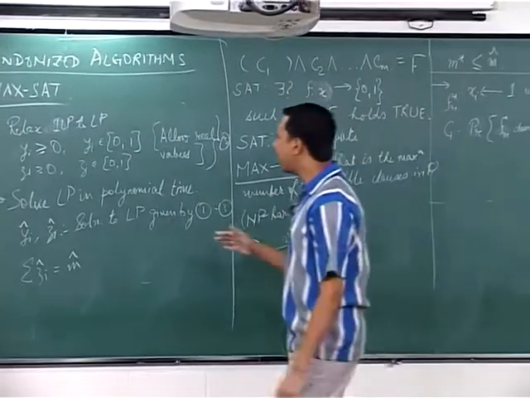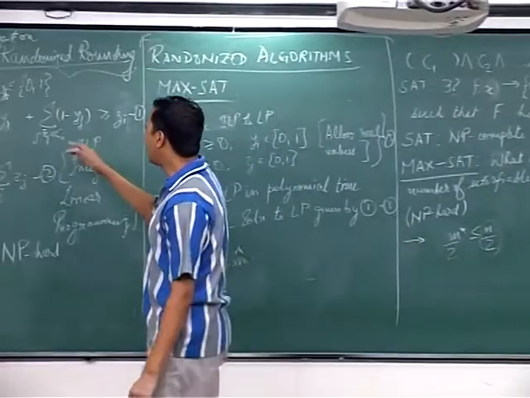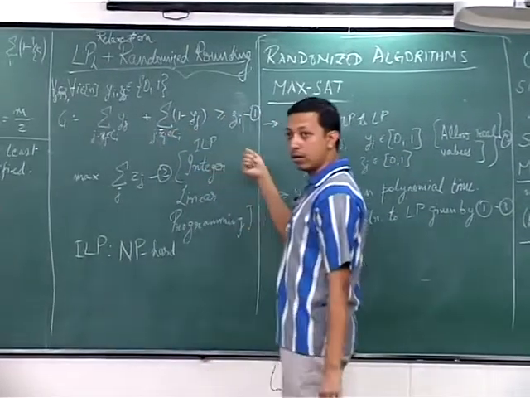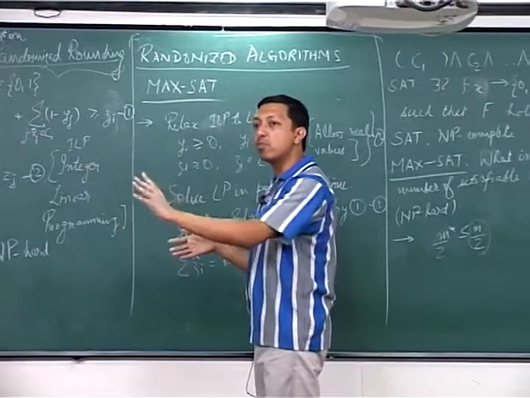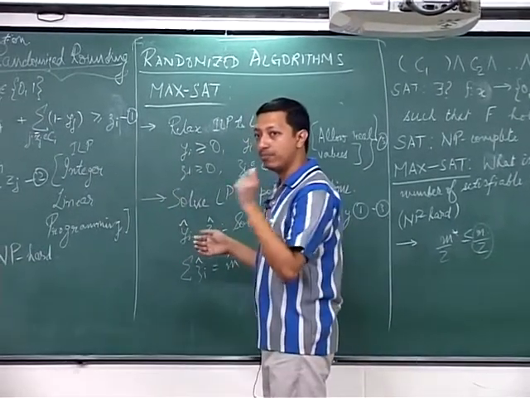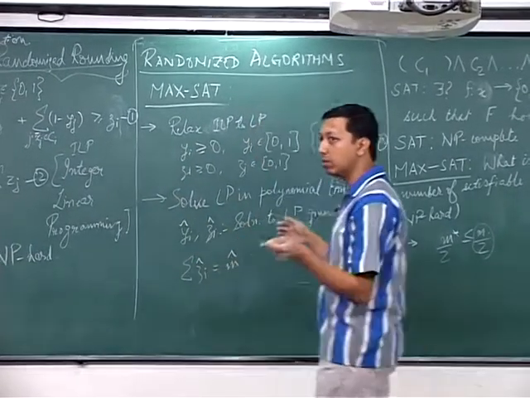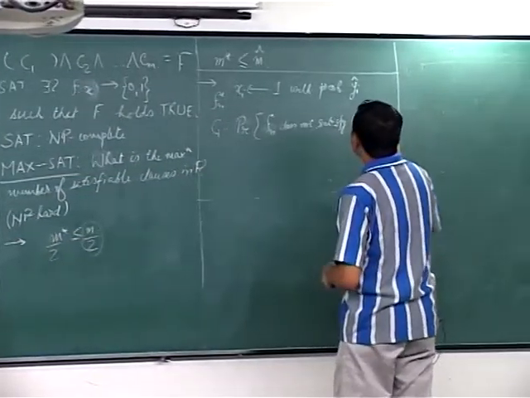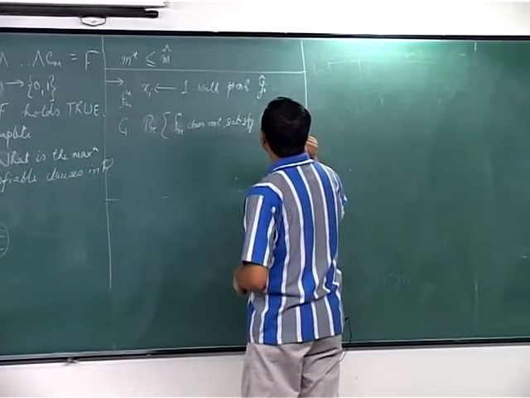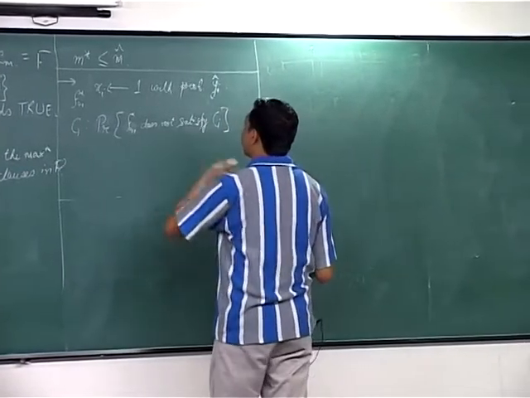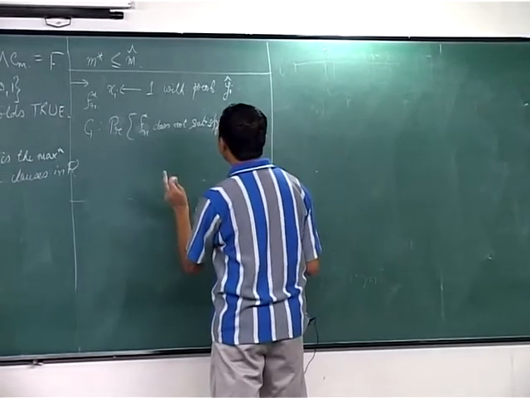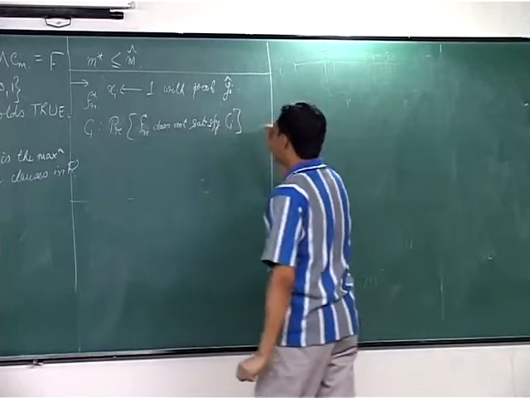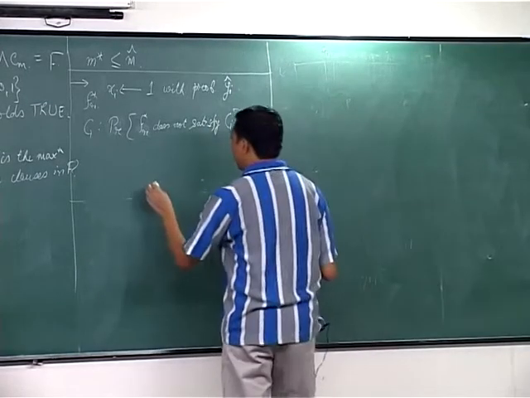So if I had an xi bar somewhere, I will call it xn plus 1 in the positive sense. Now what is the probability that it does not satisfy Ci?